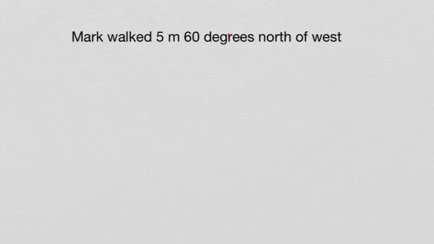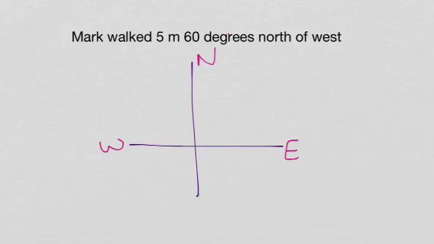In this case, Mark walks 5 meters 60 degrees north of west. So if we draw our coordinate system and we think to ourselves, okay, if this is east, this is north, this is west, and this is south, if Mark is going 60 degrees north of west, that means we're starting west and going north of there.